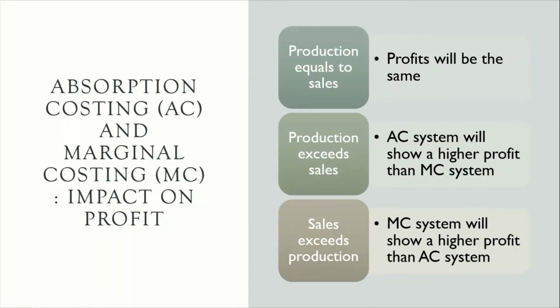Okay, so now we are comparing the two methods and their impact on profit. We're comparing AC with MC and how it impacts the profit. When the production units equal the sales units, the profit of the two methods would be the same.